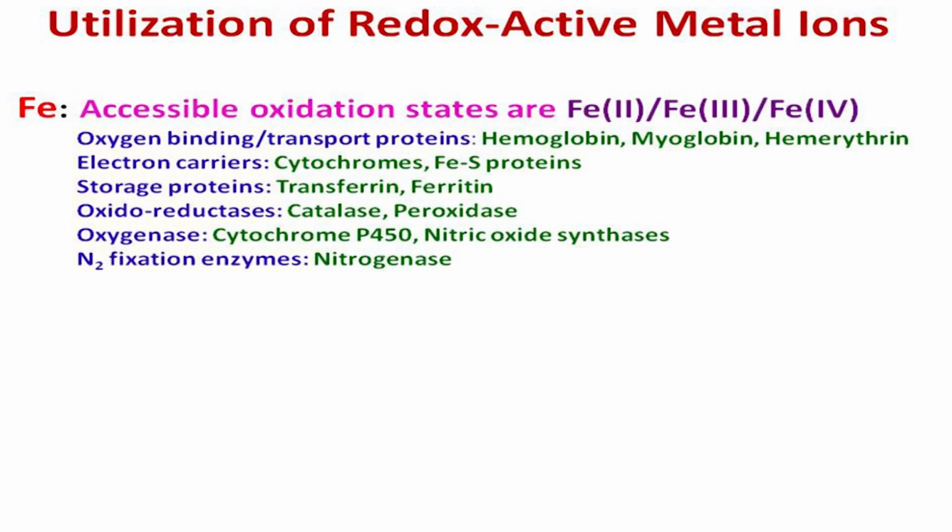For example, iron. Accessible oxidation states are iron 2, iron 3 or iron 4, and it is found in a large number of proteins and enzymes, starting from oxygen binding and transport proteins, hemoglobin, myoglobin, hemerythrin, storage proteins like transferrin, ferritin, oxidoreductases, catalase, peroxidase, oxygenase, cytochrome P450, and the nitrogen fixing enzyme nitrogenase.